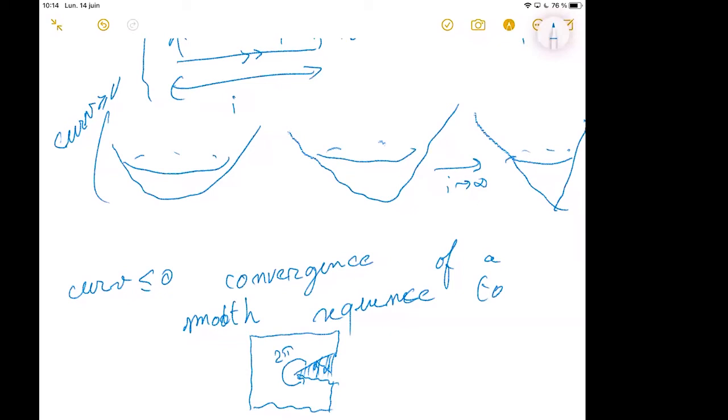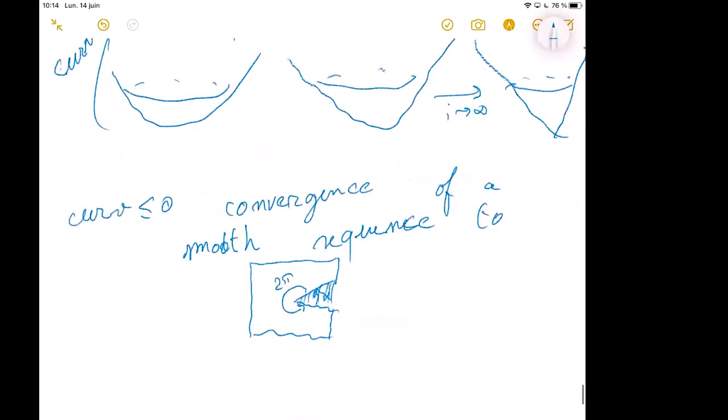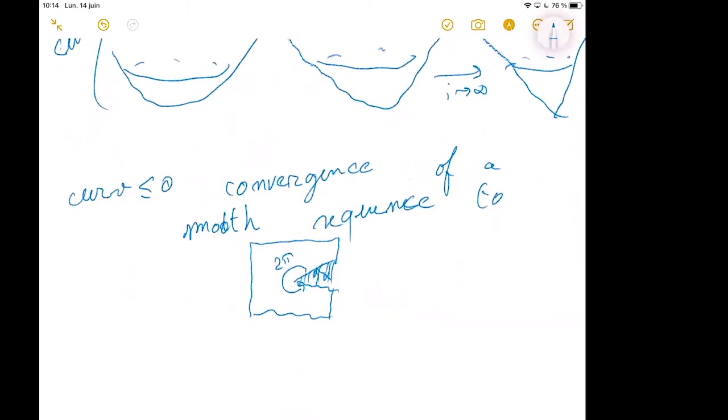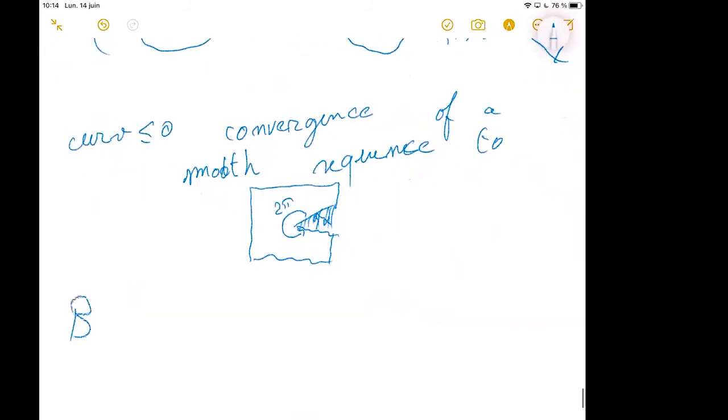Okay, maybe let's go to some richer examples. So let's look at metrics on Berger spheres, which are called the Berger metrics on the 3-sphere, I should say.